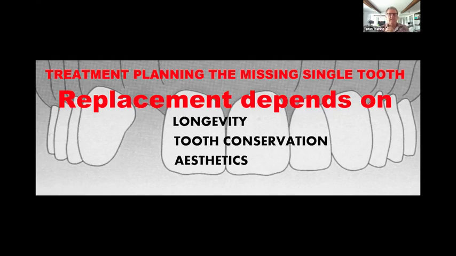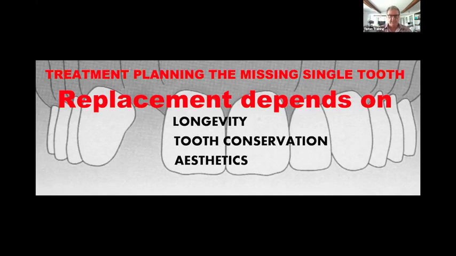My patient needs to understand the longevity of each of the options for treatment. Next, we need to look at tooth conservation: are we taking a lot of tooth tissue away? Are we taking no tooth tissue away? And finally, we also need to look at the aesthetics of the case. What is going to give us our best aesthetics?